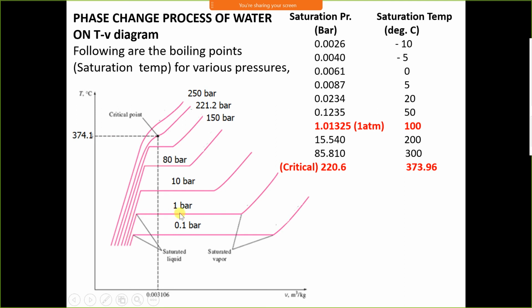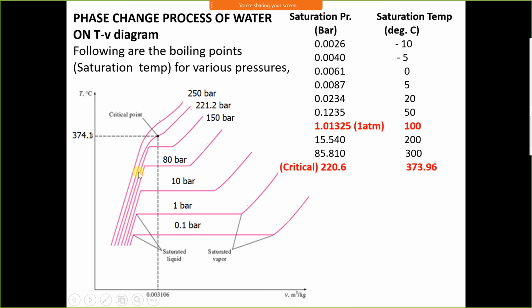As the pressure increases, sensible heat supplied to water increases, but latent heat supplied decreases. You can see, pressure increases from 0.1 bar to 1 bar, latent heat decreases, again from 1 bar to 10 bar, latent heat decreases, again from 10 bar to 80 bar, latent heat decreases.